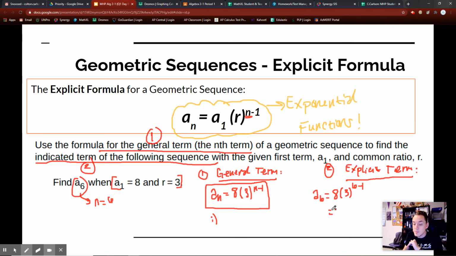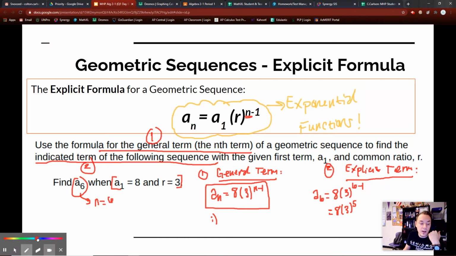Now let's solve this by hand, and then I'm going to show you how to solve it on Desmos. So this is 8 times 3 to the power of 5, since 6 minus 1 is 5. Now, this is what you don't do. You should not do 8 times 3, which is 24, and then raise that to the 5th power. That's not the order of operations.